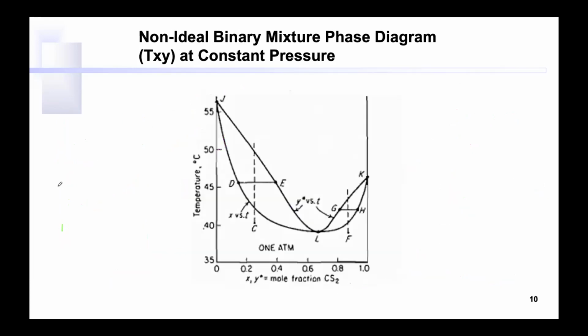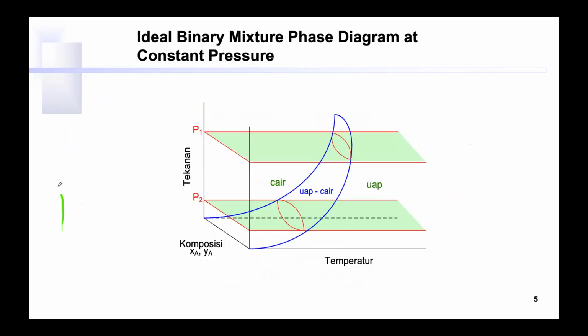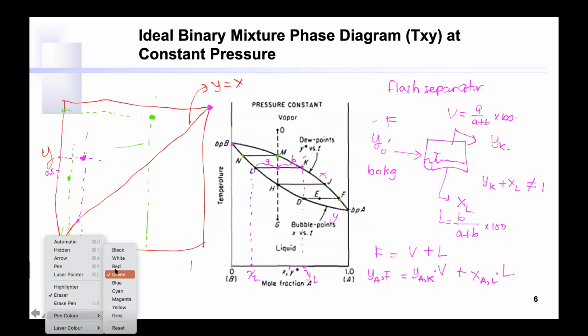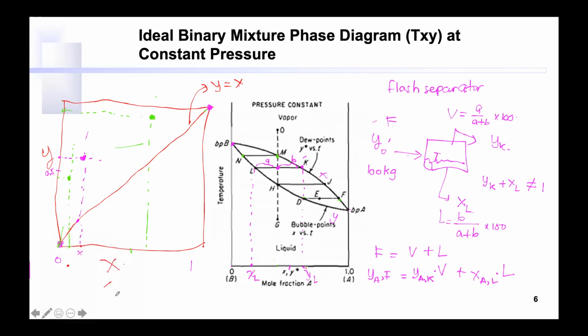Then you can make a curve. It goes to this point, goes to this point, maybe to this point, and then goes to this point.